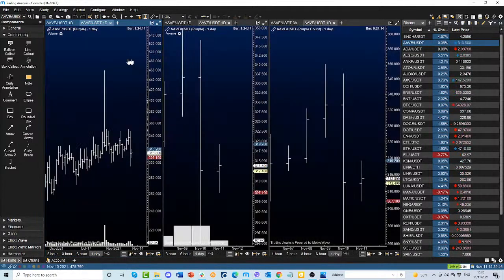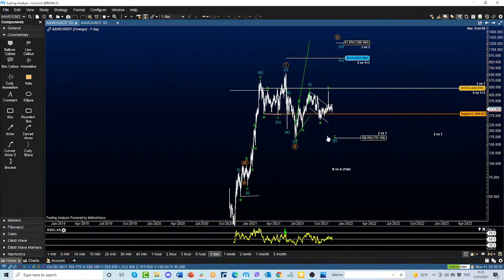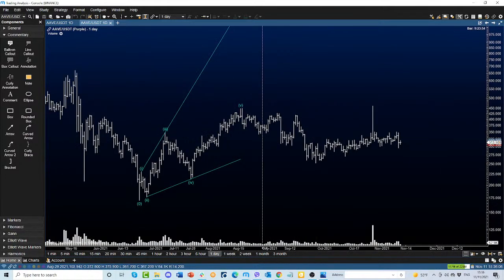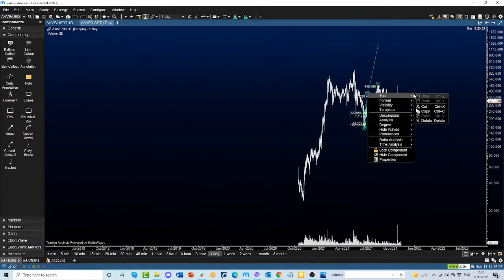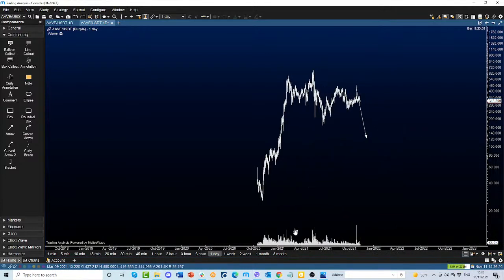Also, if you look at AVE, it is something that we looked at, which was unable to produce a further move up on the bullish wave count. We have seen this spike and then a sizable reversal. This doesn't look impulsive. So we can look for a lower wave 2 or even something lower on the downside, finishing in some complex correction even further down to, let's say, the 80-100 level if the crypto market turns lower.